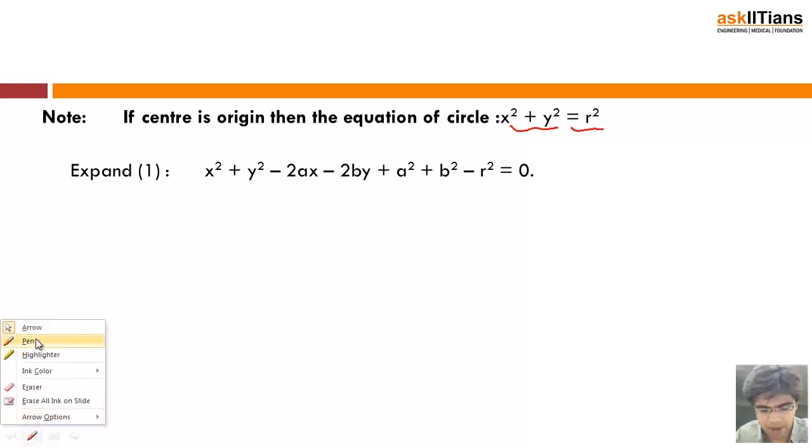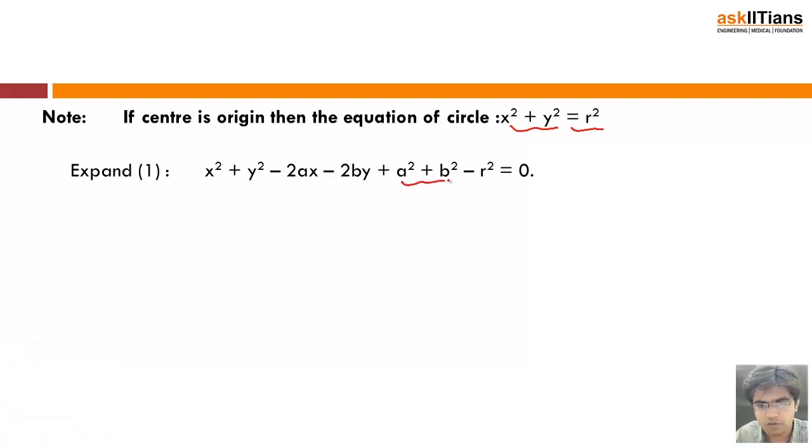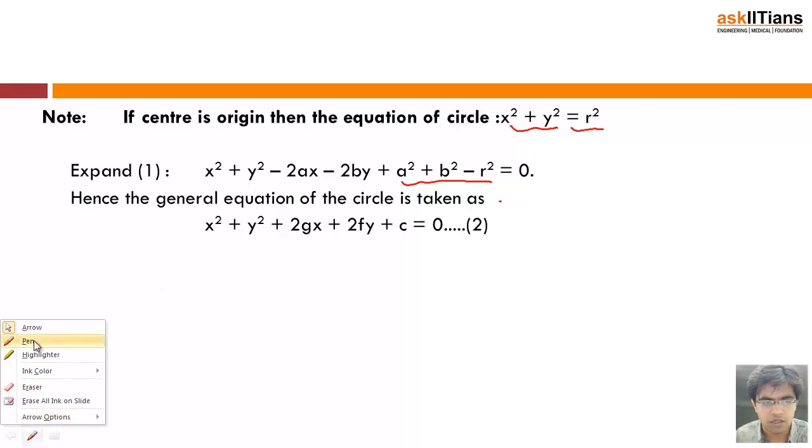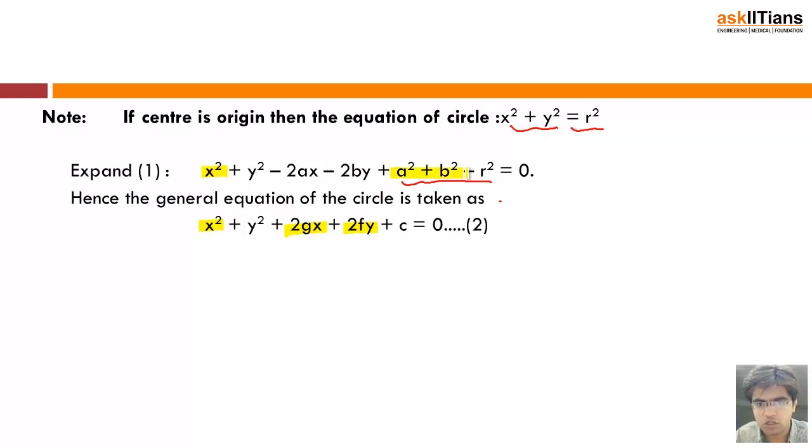When you open the brackets, there are some common terms which I can collect. So let me collect these terms and let me introduce a new equation. The new equation says that let x square be x square, y square be y square. I have called the x and y terms 2gx and 2fy, and this constant term I have represented as c.